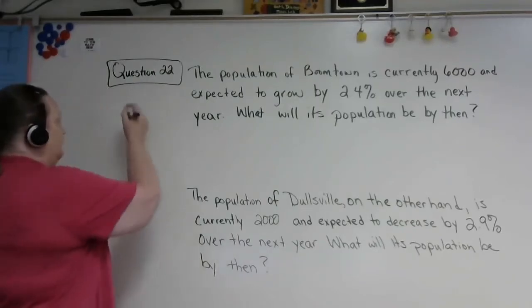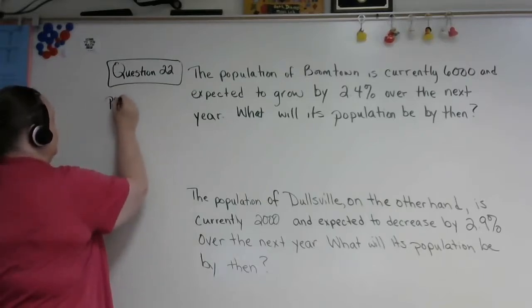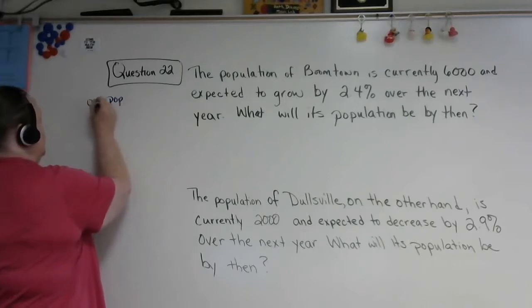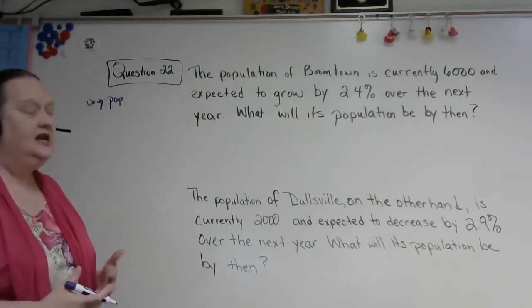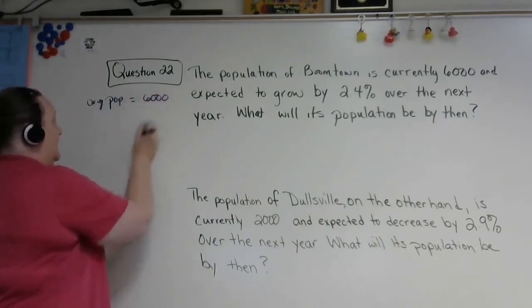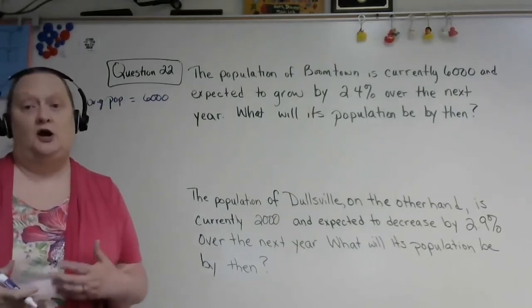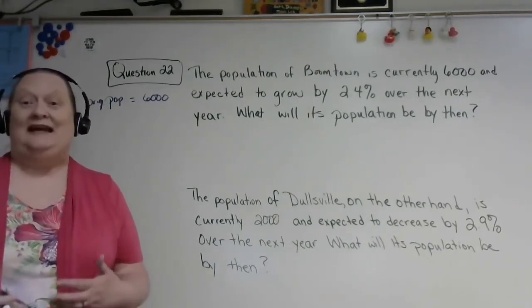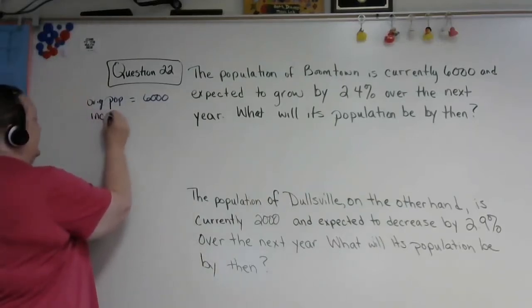So what do we have? We have a population that is the original population, which in this case is 6,000. Then it's going to grow. In Boomtown, it's going to increase.